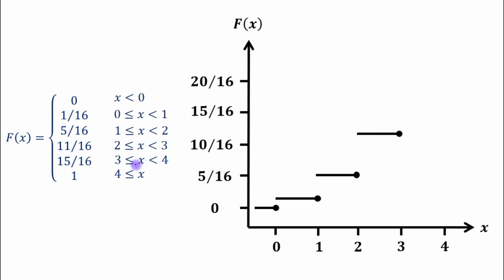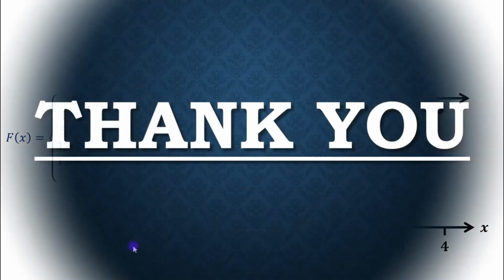When x is greater than or equal to 3 but less than 4, F(x) is 15 by 16. We will start from 3 and till 4, but 4 is not included. Last one, when x is greater than or equal to 4, F(x) is 1. 1 means 16 by 16. So we will start from 4 and we will show this by an arrow sign. So this is the graph of CDF. Fine. Thank you.